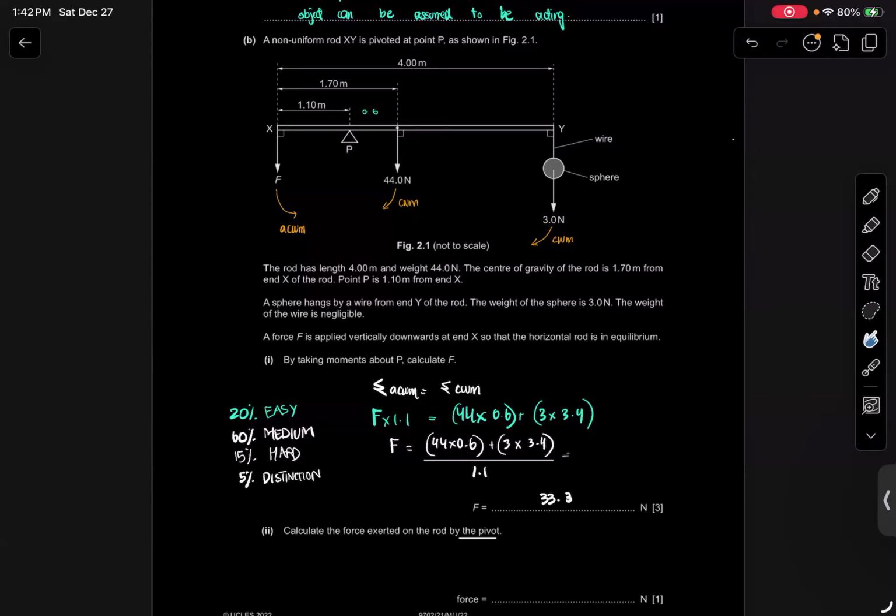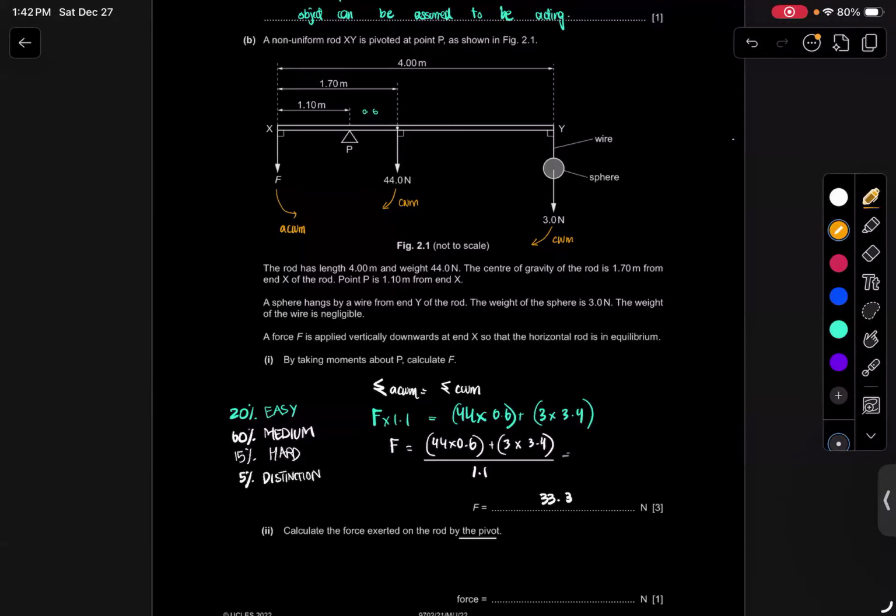Yes, any idea what's the answer? It's a very simple one. The rod is in equilibrium. Yes, Abiha, any ideas? Like, do you just add all of the forces that are going downwards?